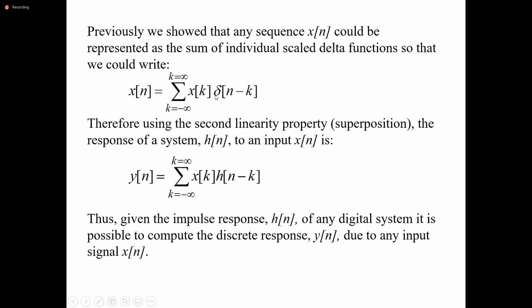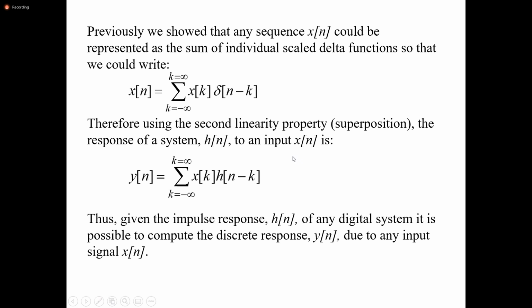In other words, this is what gives our time marking. So we know that when n minus k is 0, then the kth value of the sequence is going to be our x of k. Right, so here's our input signal expressed.